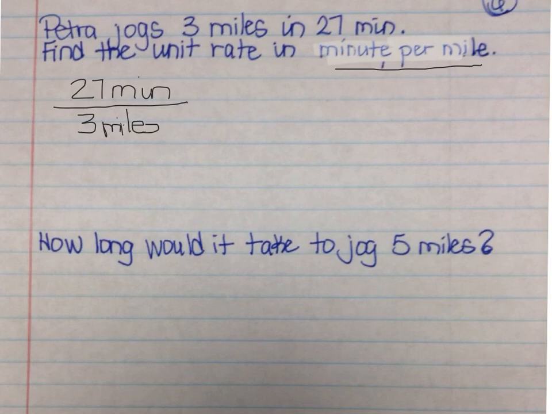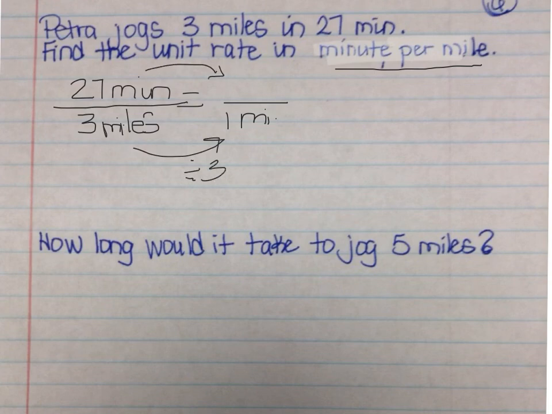Okay, so 27 minutes per 3 miles. So we need to find the unit rate, which would be 1 mile. So we're going to divide by 3. You get the idea.